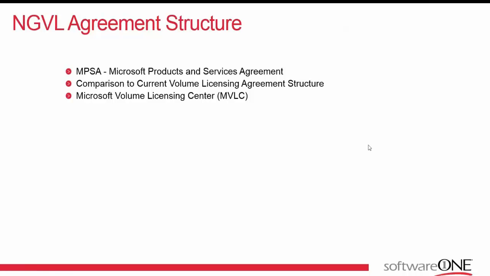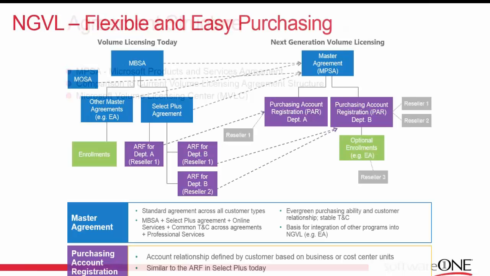In addition to that, the purchasing accounts that you actually buy against, and also then we'll look at the comparison between today's volume licensing structure and NGVL moving forward. Also looking at the Microsoft Volume License Center, the MVLC. Microsoft love their abbreviations, but that being the new portal to replace VLSC as you may know it today.